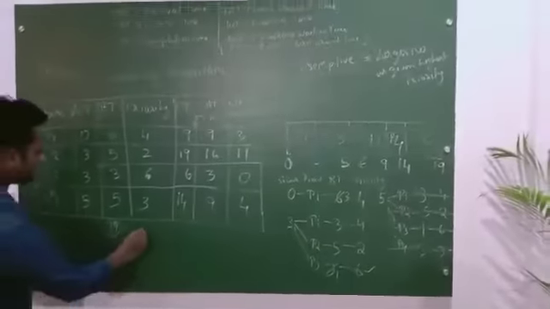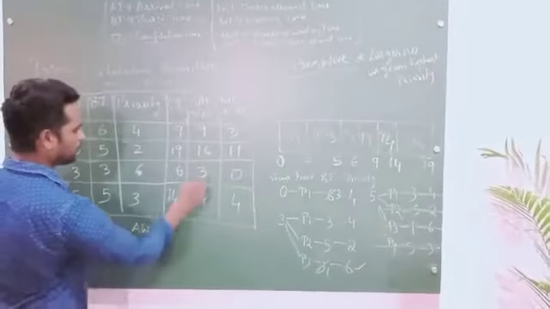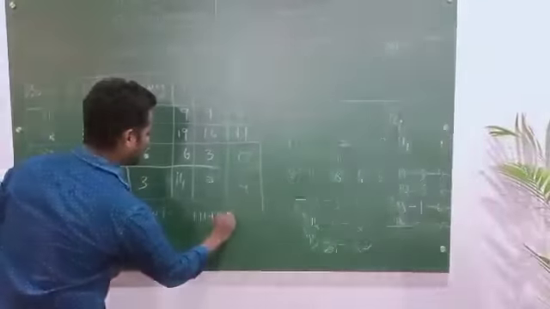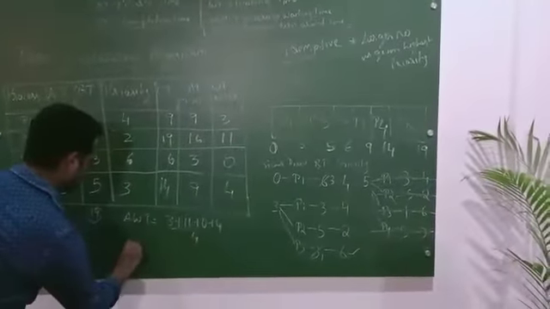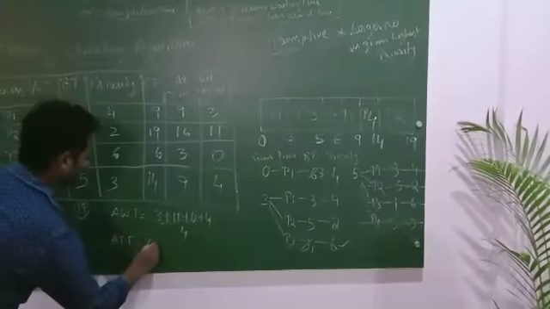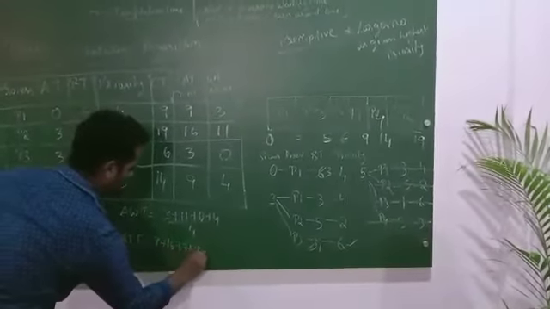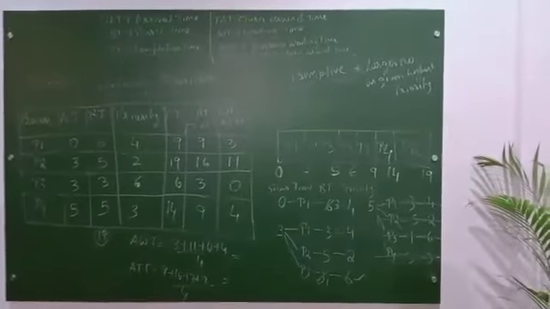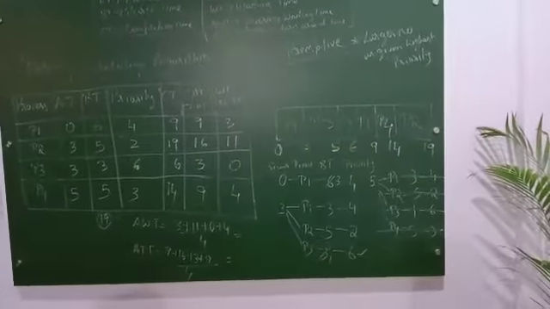Now average waiting time is P1 plus P2 plus P3 plus P4 divided by 4. So 3 plus 11 plus 0 plus 4 divided by 4, that is 18 divided by 4, which is 4.5 milliseconds. Average turnaround time is 9 plus 16 plus 3 plus 9 divided by 4.